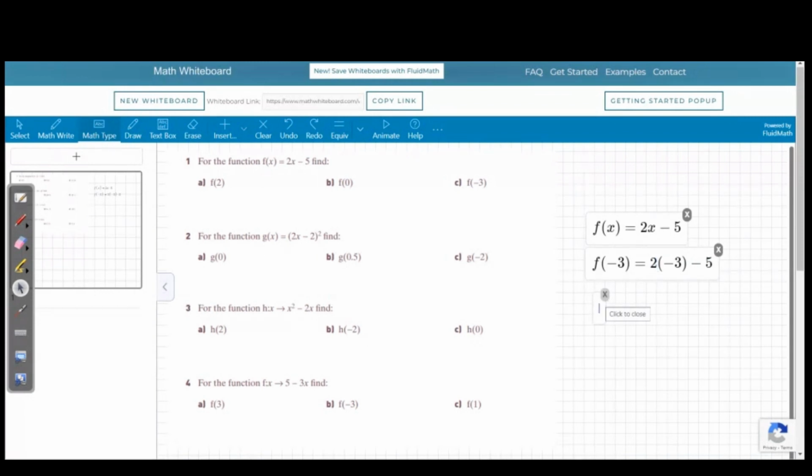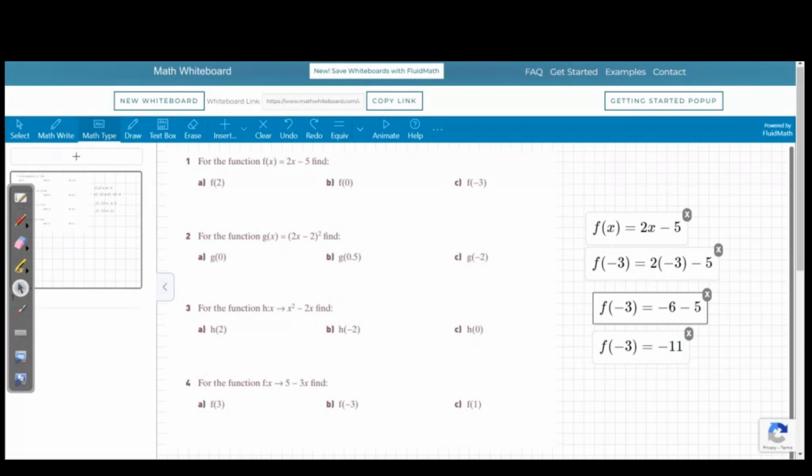So we have f of negative 3 is equal to 2 times negative 3 gives us negative 6. So that is negative 6 minus 5. So f of negative 3 is equal to negative 6 minus 5 gives us negative 11.